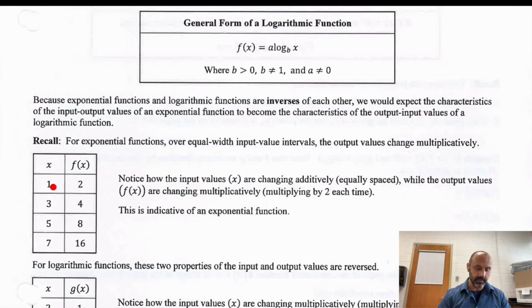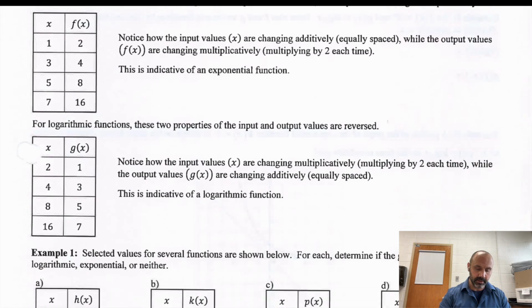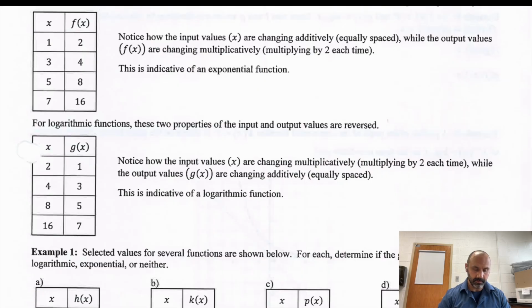In this example, we're adding 2 each time, but then the outputs are multiplicative, so times 2, times 2, times 2. So we would expect those properties to be switched for a logarithmic function, and that's what we have here. So just the logarithmic inverse of the exponential function that we were just looking at, f of x, here g of x.